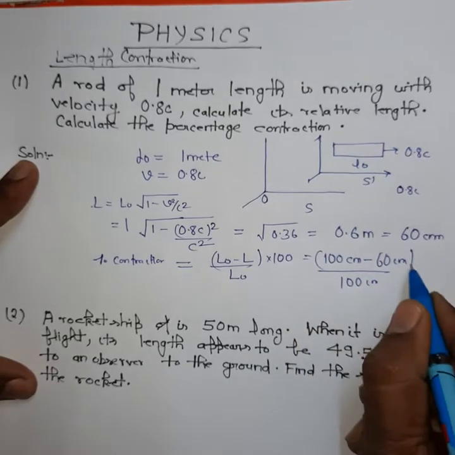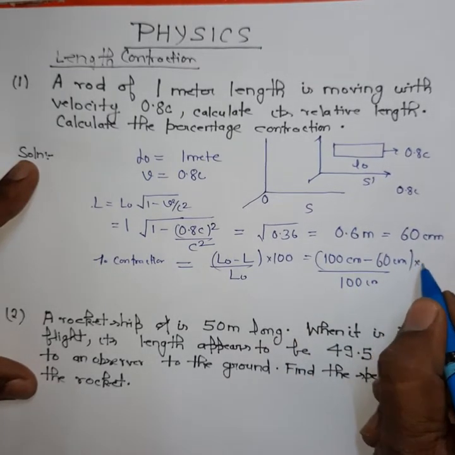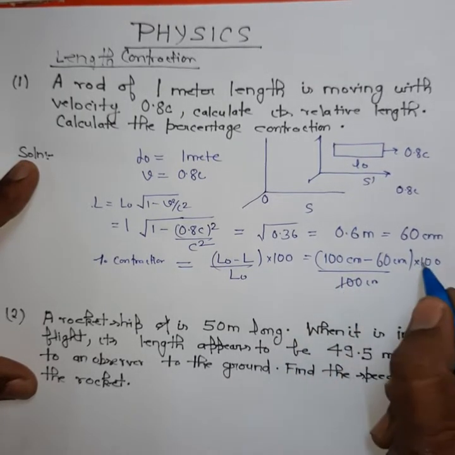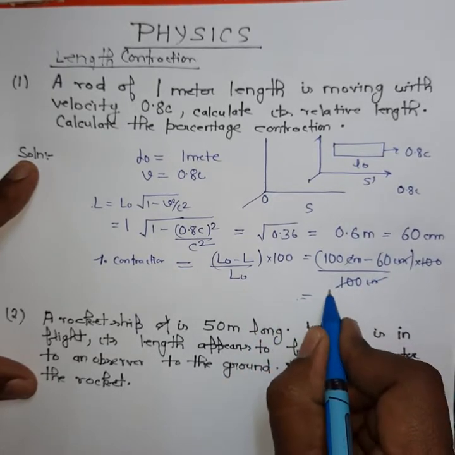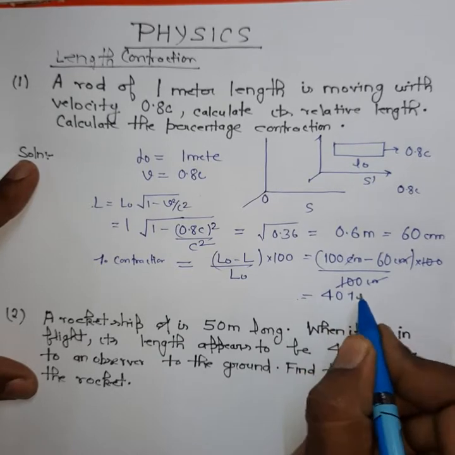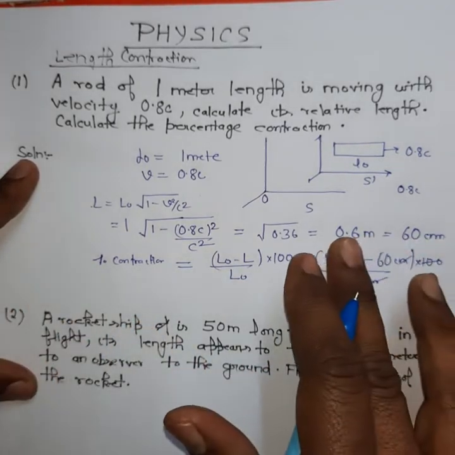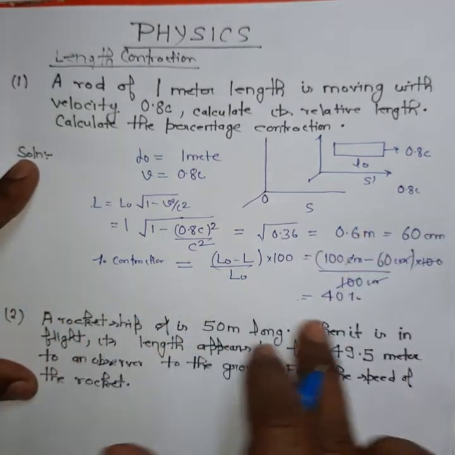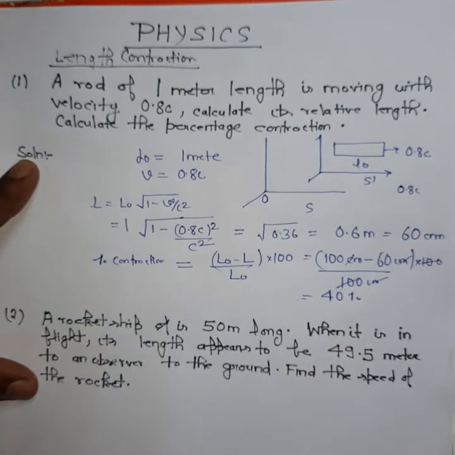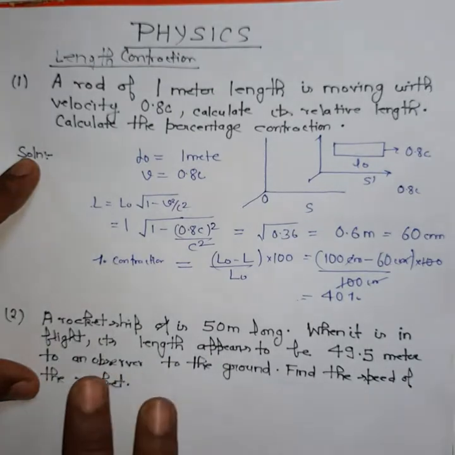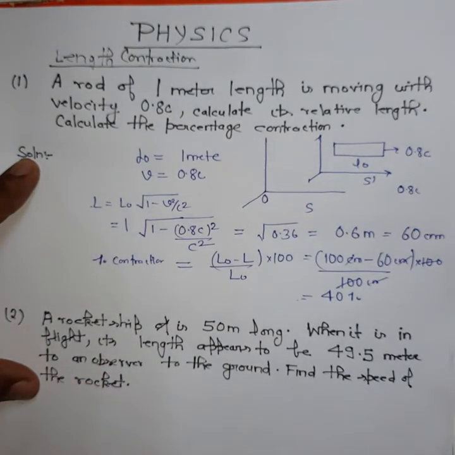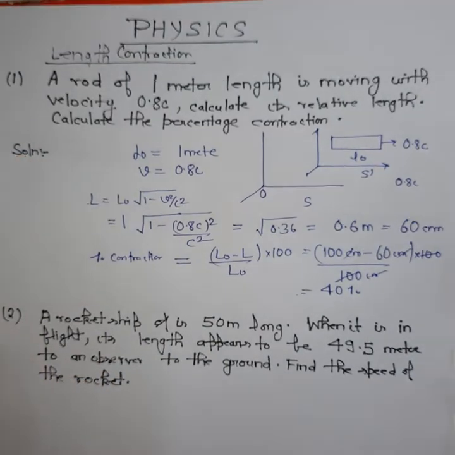Again you multiply with 100, the centimeters cancel each other, and you get 40%. So the percentage contraction in the length is 40%. Clear? In this way you can calculate the relative length of any rod, any object.